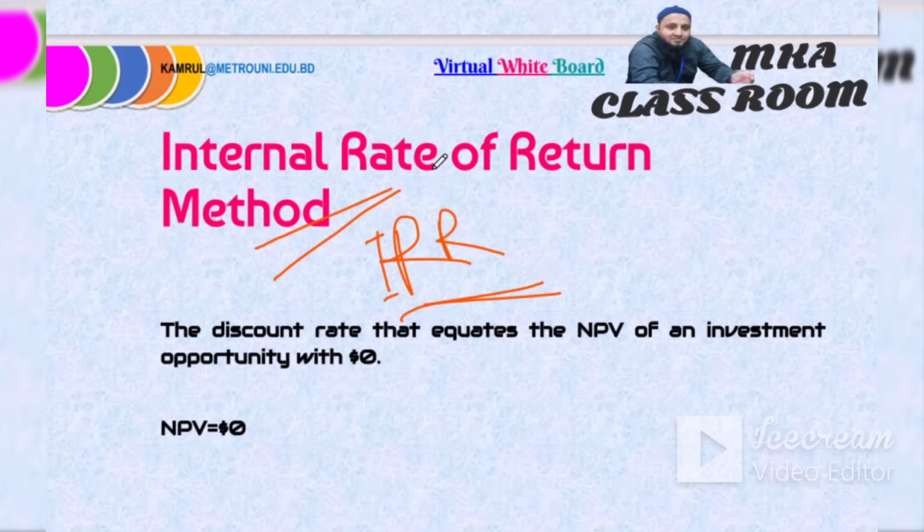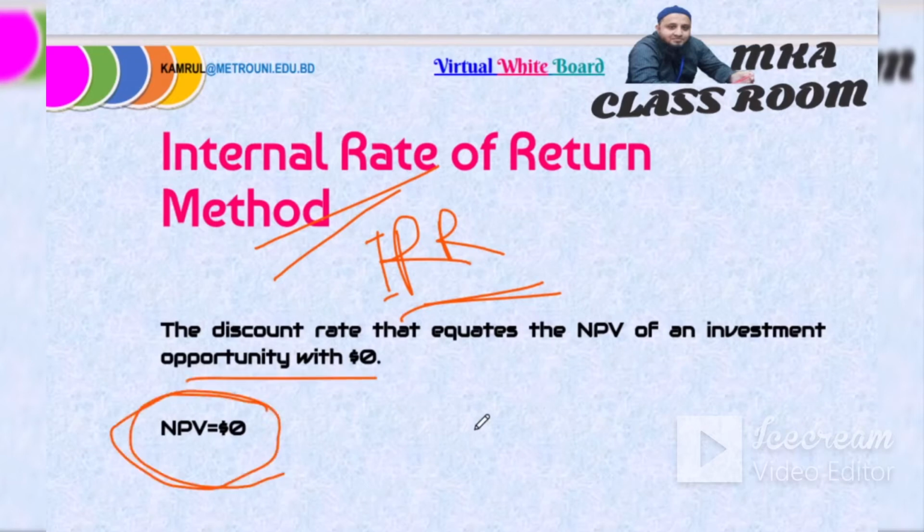IRR. Now what is IRR? IRR is actually a discount rate which shows NPV equal to 0. So it is the discount rate that equates the NPV of an investment opportunity with $0.